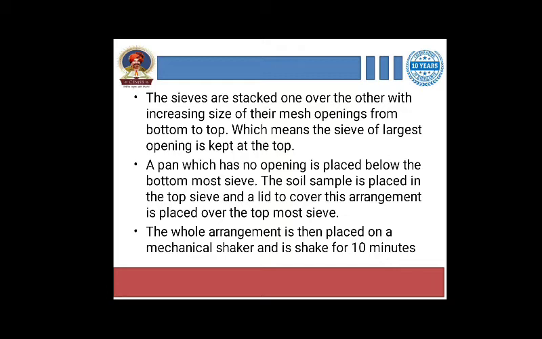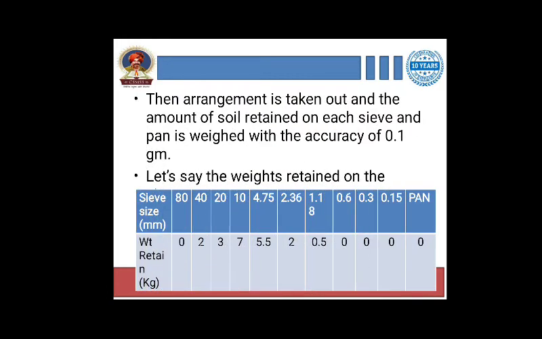Then the whole arrangement is placed on a mechanical shaker or hand shaker for 10 minutes, and then the arrangement is taken out and the amount of soil or aggregate retained on each sieve or pan is weighed with accuracy of 0.1 gram.